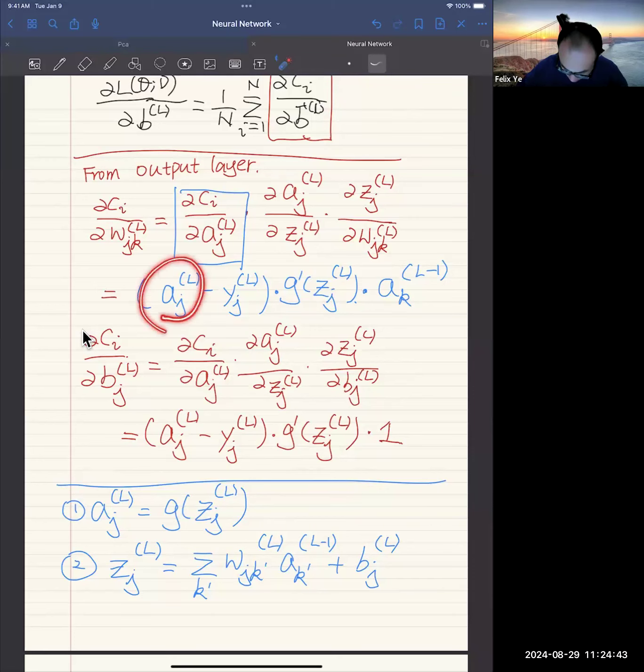This is my current output, this is my desired output, so how much difference is there between these two? The second is how fast this neuron reacts to a change of the input, that is, its derivative at the pre-activation value. The third is the contribution from neuron k from the previous layer.